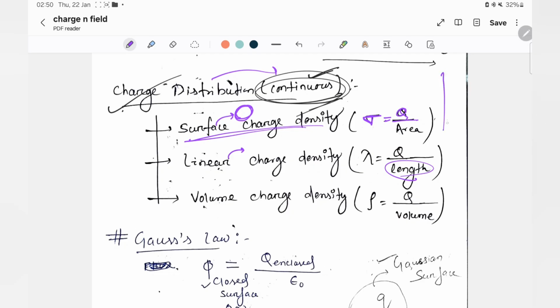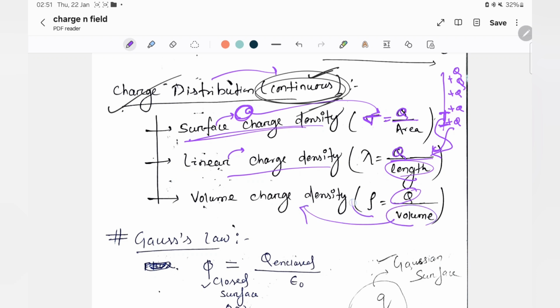In that length of the rod or system, how much charge is distributed continuously is known as linear charge density, q by length. So charge per unit length gives us lambda, charge per unit area gives us the surface charge density, and charge per unit volume gives us the volume charge density, that is rho.